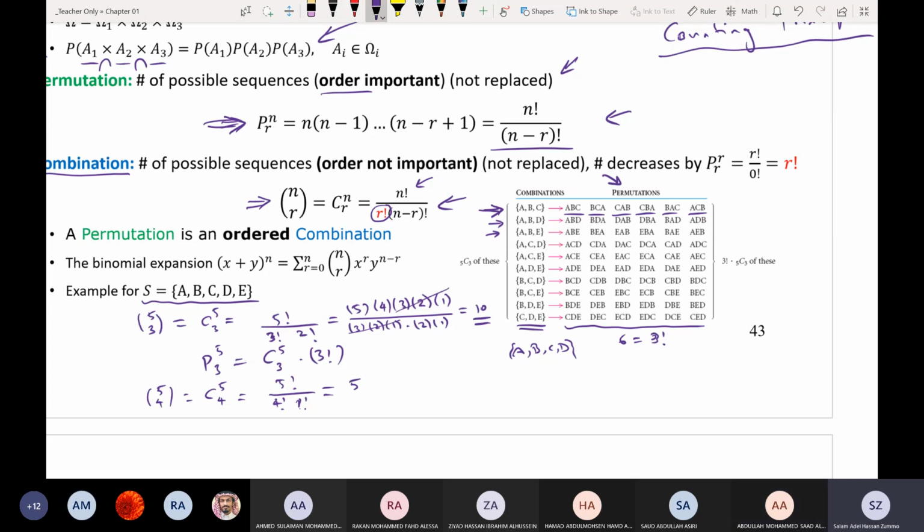Now every one of these can be reordered 4 factorial times.